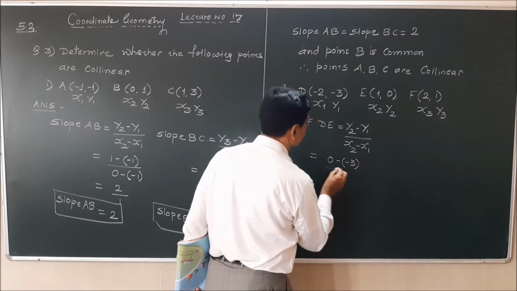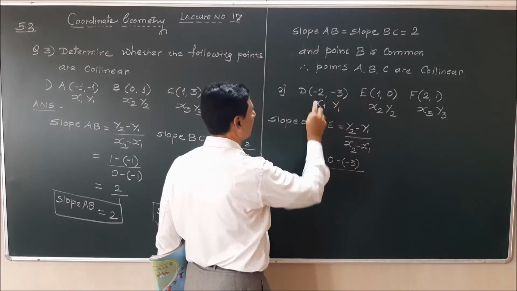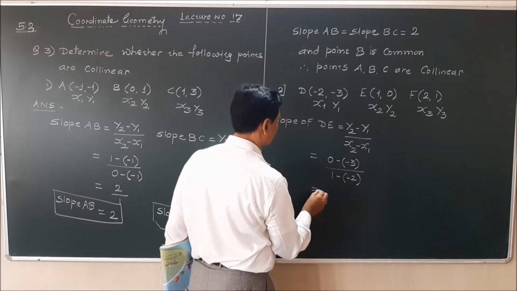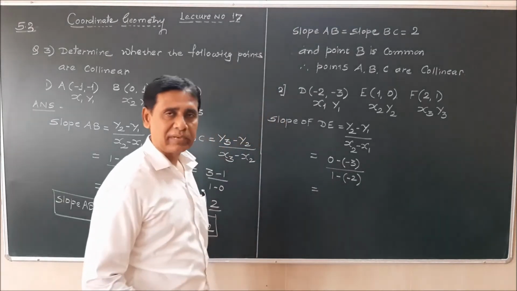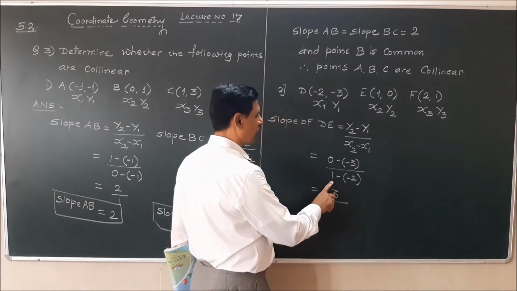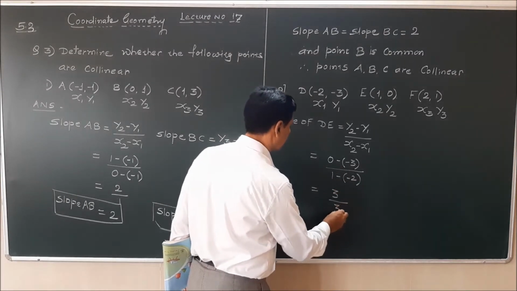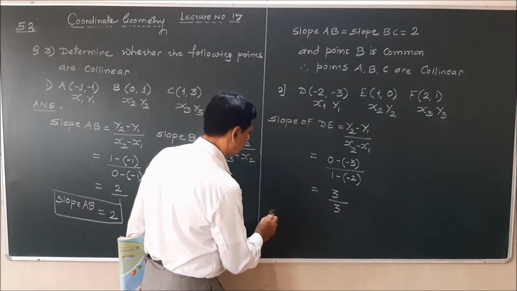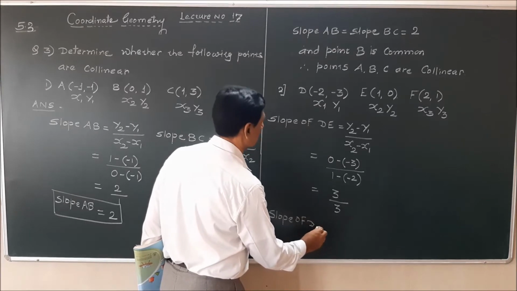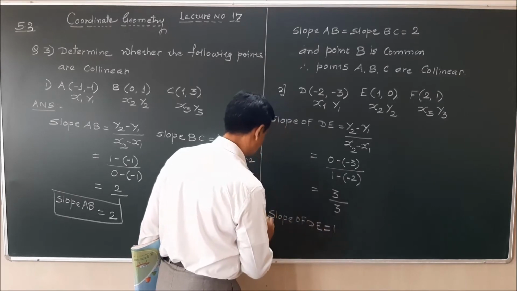Once again I explain, 0 minus of minus 3, and x2 minus x1, 1 minus of minus 2. So that will give us minus into minus as plus, so 3 upon 1 plus 2, which is 3. Therefore, slope of DE is 1.